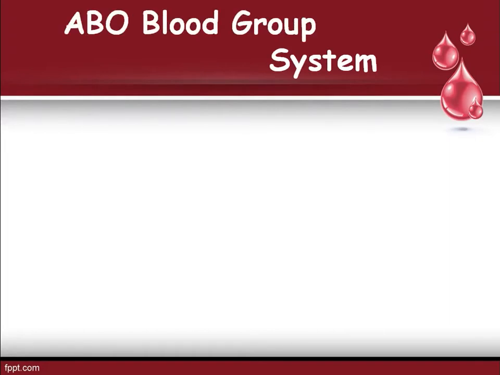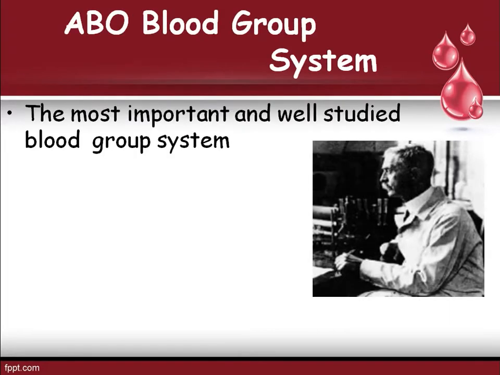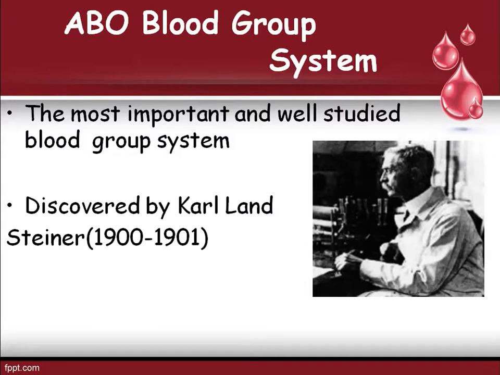ABO blood group system: the most important and well studied blood group system, discovered by Karl Landsteiner in 1901.